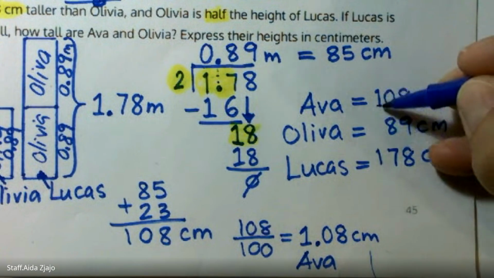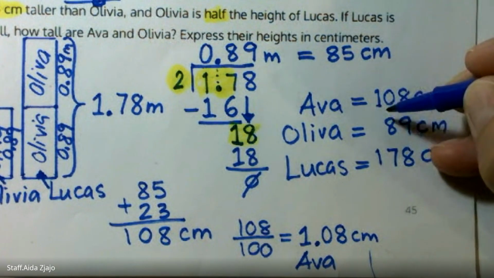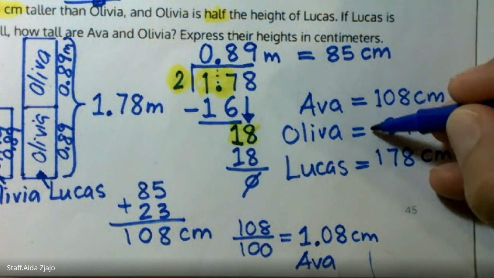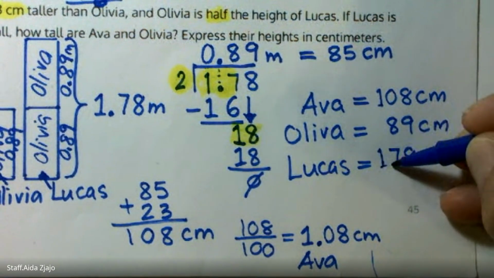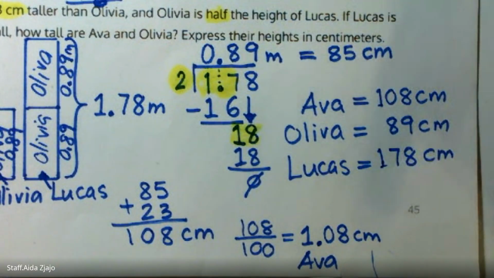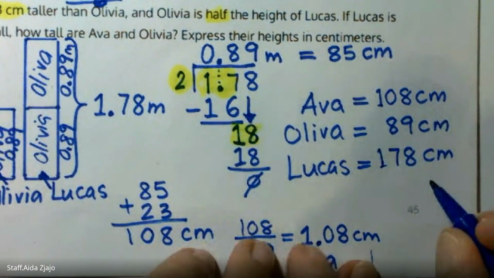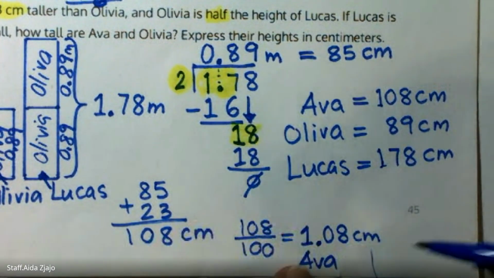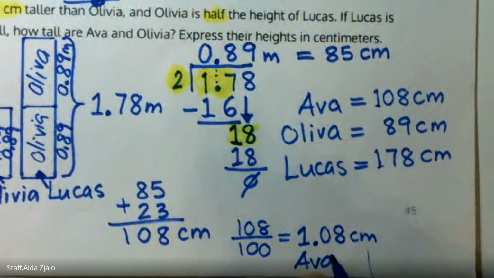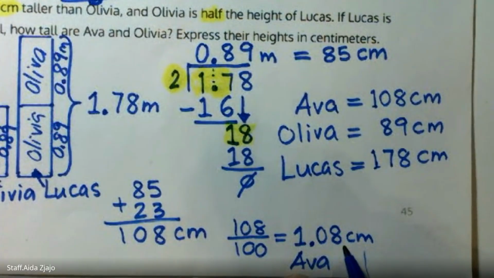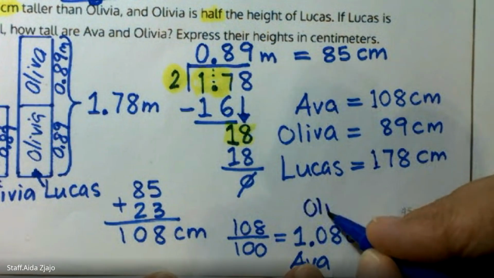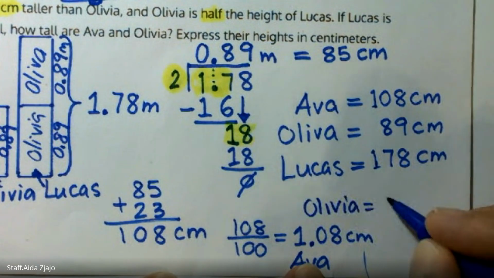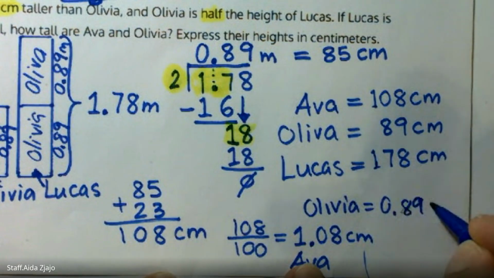Now, here you have 100, so the decimal is going to go here. Here you don't have a whole, so the decimal is going to be here. And here you have 100, that means you have a whole meter, so the decimal is going to go here. So if I look at their values in meters, Ava would be 1.08, or 1 and 8 hundredths, and Olivia is 0.89 meters.